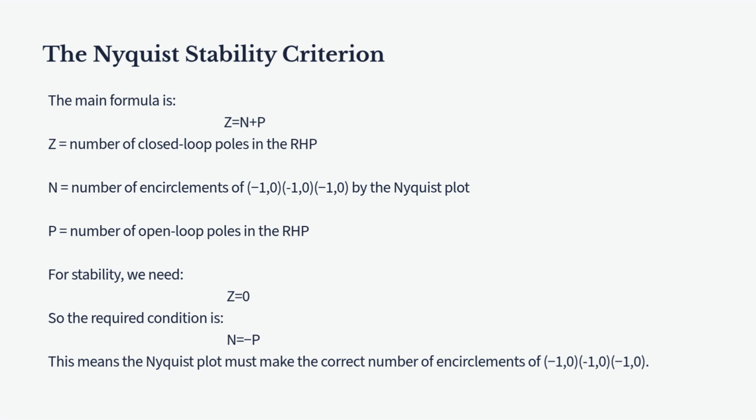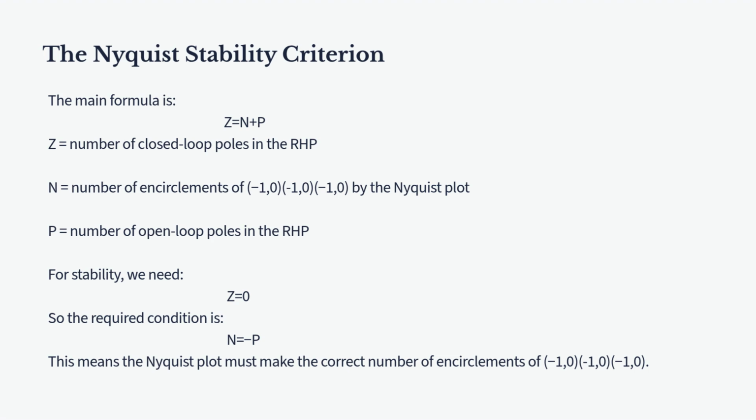Now we use the Nyquist stability formula. The formula is Z equals N plus P. Here Z means the number of closed loop poles in the right half plane. N means the number of encirclements around the point minus 1 comma 0.